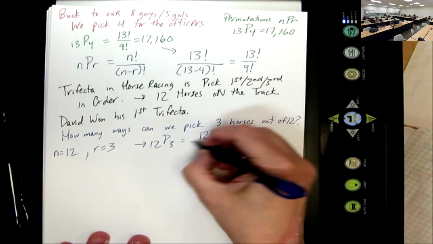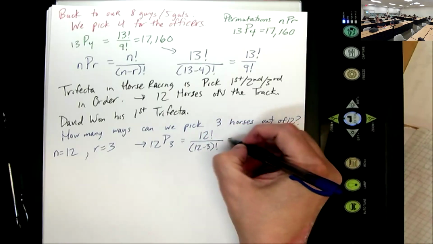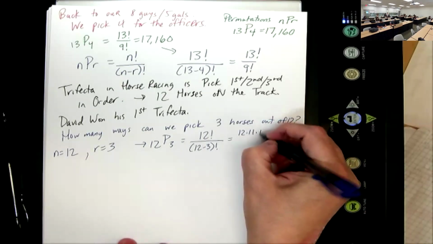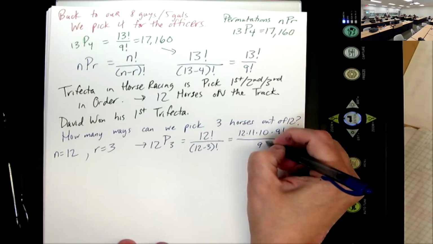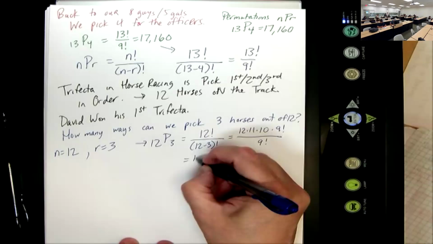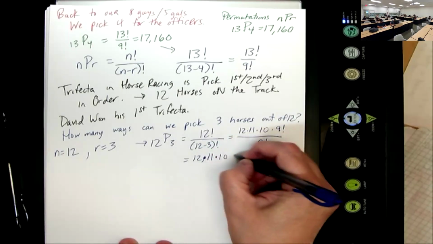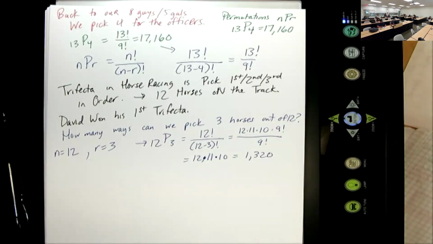As a reminder, this is 12 factorial over 12 minus 3 factorial. If I cancel things out factorial-wise, this is just 12 times 11 times 10, which is 1,320. There are 1,320 ways those horses could have placed as the top 3.